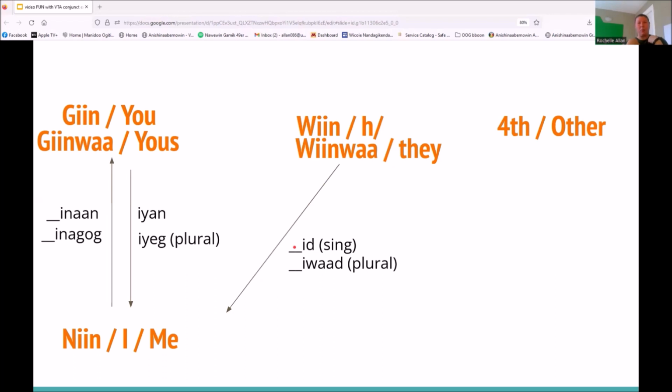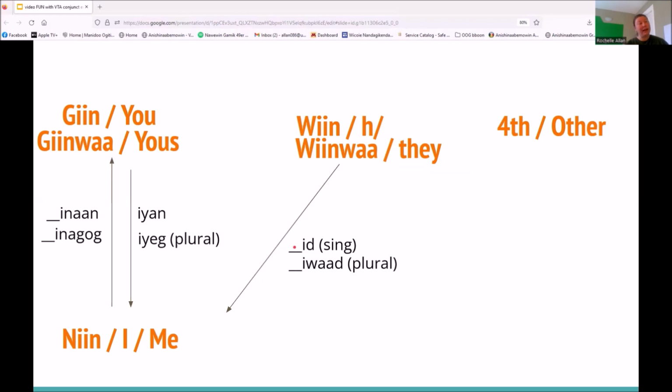Wabamiyan. Wabamiyin, depending on how you write and pronounce that. And then if third person is acting on me, wabamid, or they are acting on me, wabamiwad.